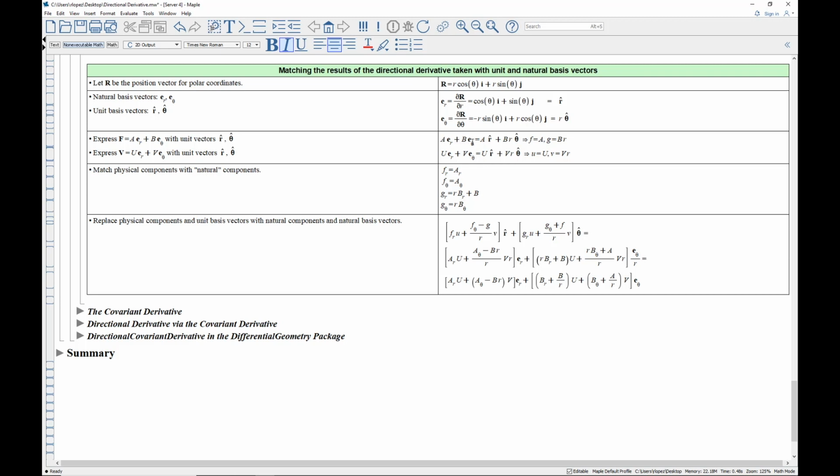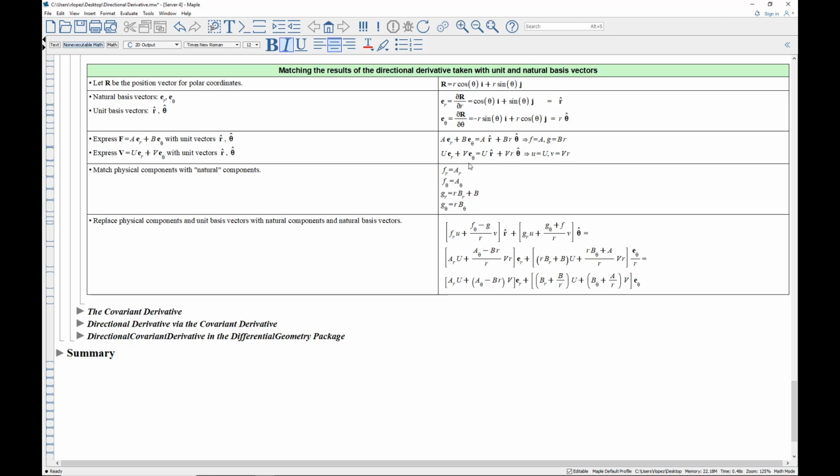Okay, a vector referred to natural coordinates. You want to refer that to unit coordinates. So there's the extra r right here. That's this extra r right here. Now, if you move that r over to the component, then what's left is the unit vector. So this is f, and this product is g.